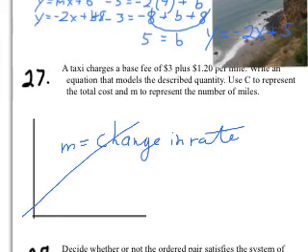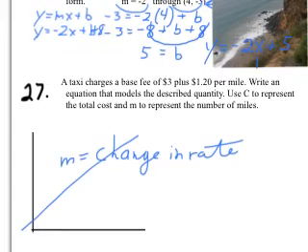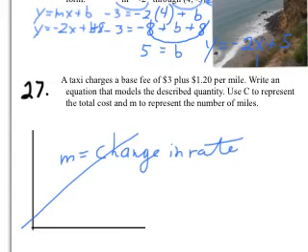Slope is the change in rate. So we have to look and see what is our change in rate. Our change in rate is $1.20 per mile. So that's our slope, $1.20.